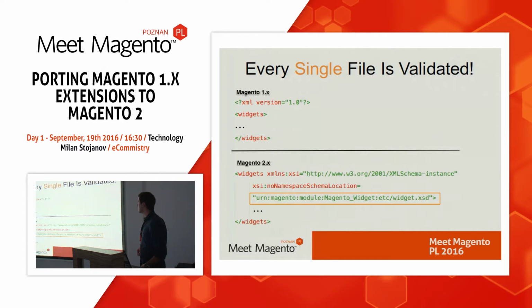Every single XML file is now validated against a particular set of rules. For example, widgets XML in Magento 1 looks like this, at least starts like this, and in Magento 2 it looks like this. So this line here means that widgets XML file needs to strictly follow the rules defined under widget XSD file. XSD stands for XML schema definition.